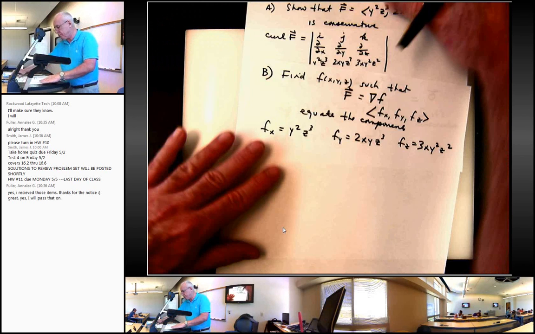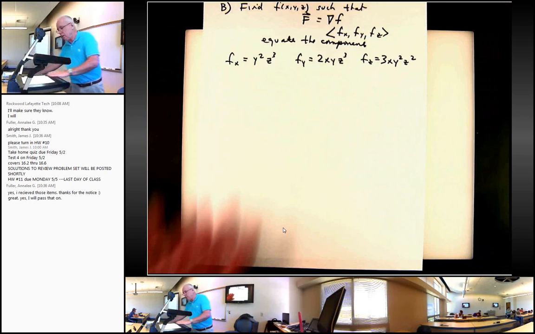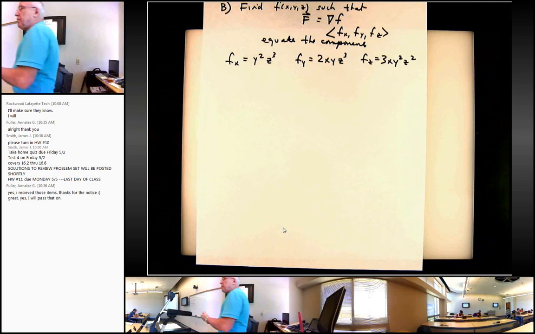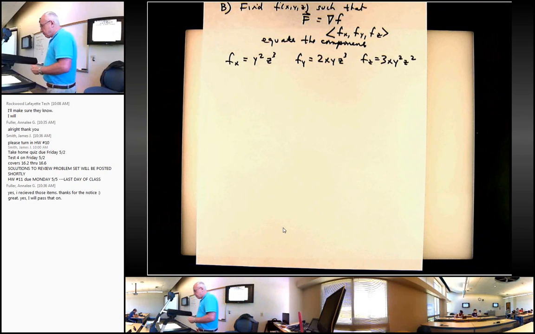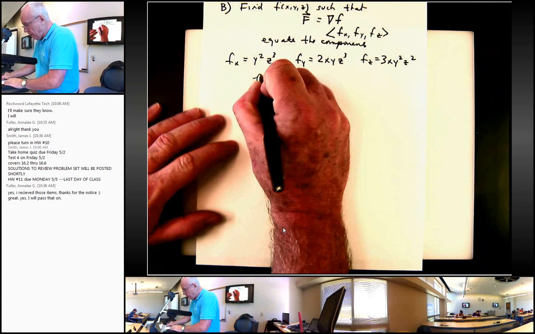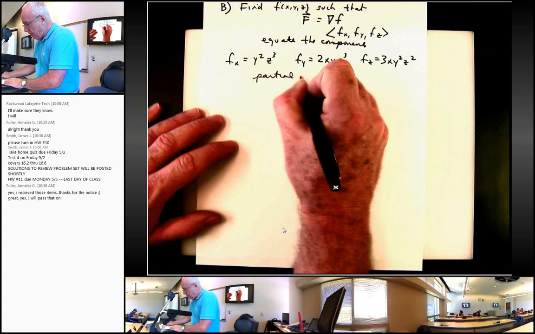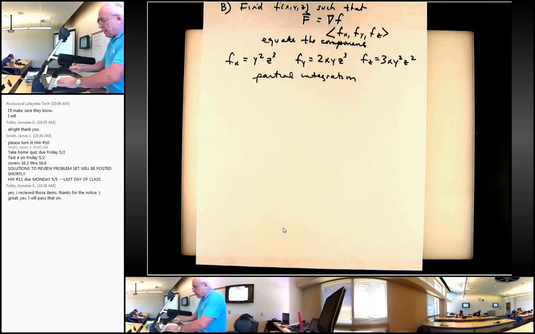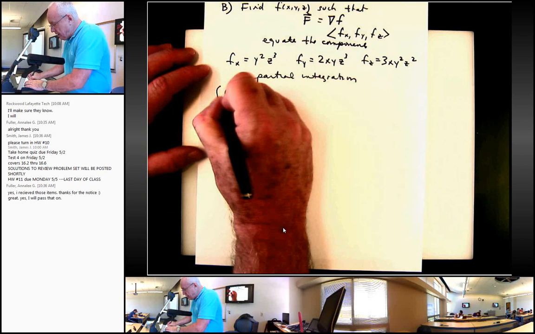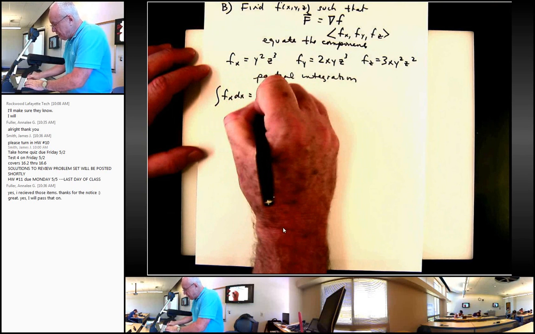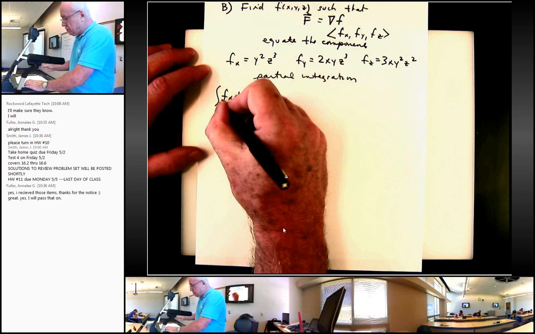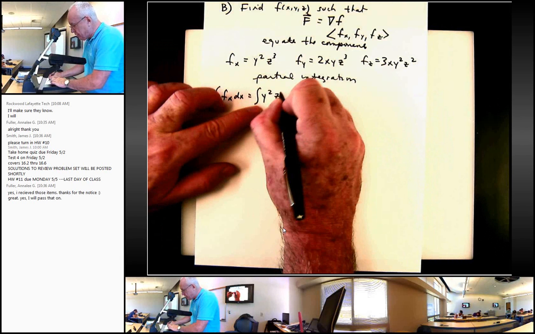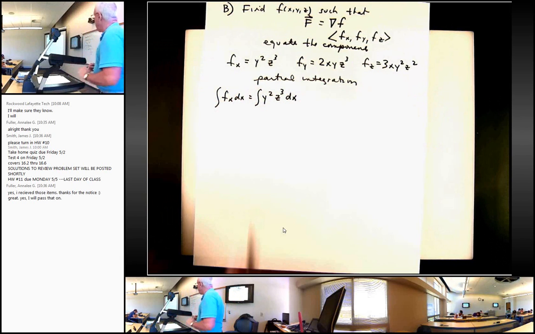All right. Okay. So what we have to do with each one of these three is do that partial integration. So for the first one, I take the antiderivative of fx with respect to x, which is going to be equal to the antiderivative of y squared z to the third with respect to x.